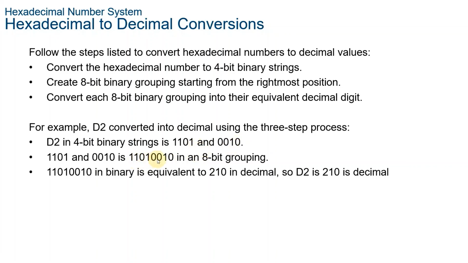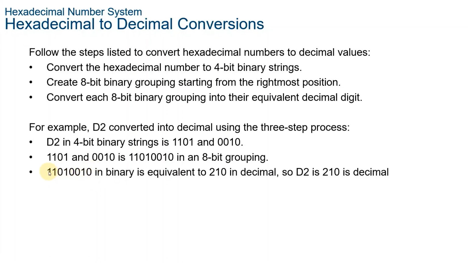1101 and 0010 is an 8-bit grouping. We just group these two 4-bit values, forming an 8-bit value. Afterwards, let us convert this binary, which is 11010010, into decimal.